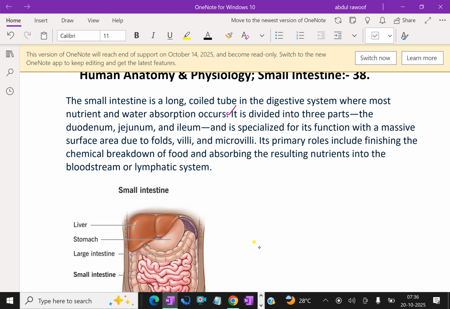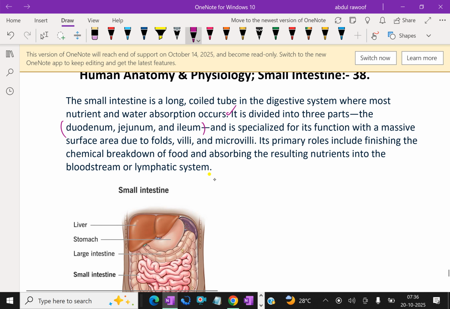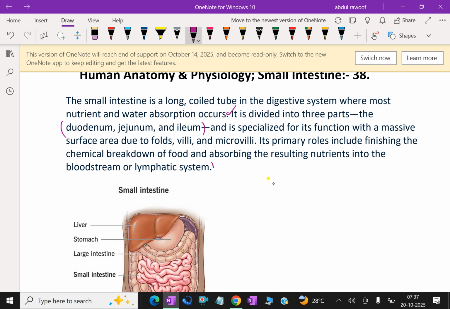It is divided into three parts: the duodenum, jejunum, and ileum, and is specialized for its function with a massive surface area due to folds, villi, and microvilli. Its primary roles include finishing the chemical breakdown of food and absorbing the resulting nutrients into the bloodstream or lymphatic system.